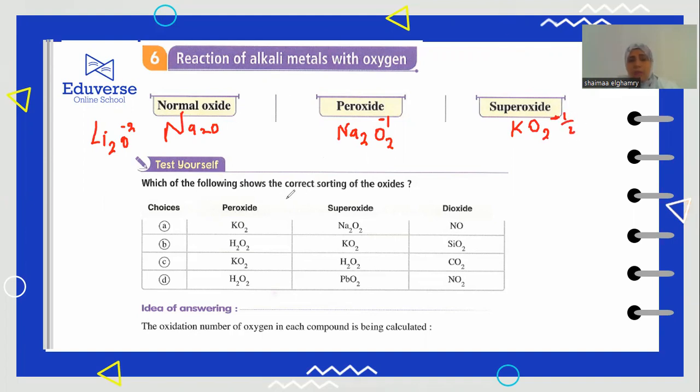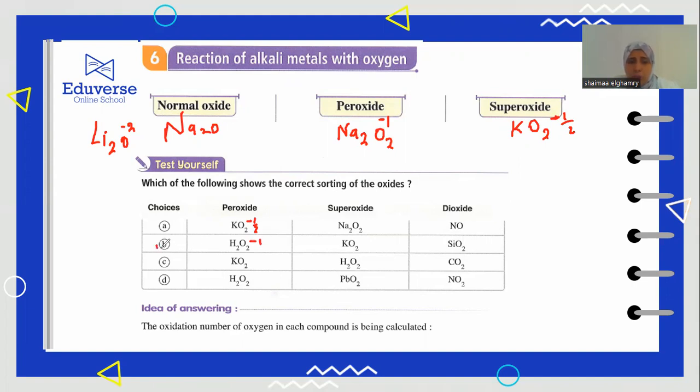Which of the following shows the correct sorting of oxides? KO2. Is it peroxide? KO2, here the oxidation number of oxygen is -1/2, so it's superoxide, it's not peroxide. H2O2, here the oxidation number of oxygen is -1, so it's peroxide.